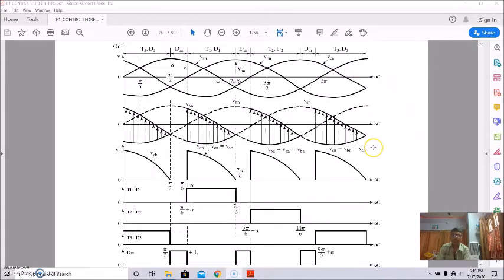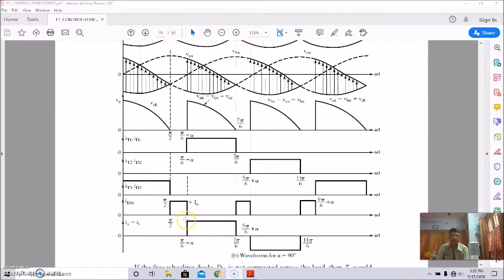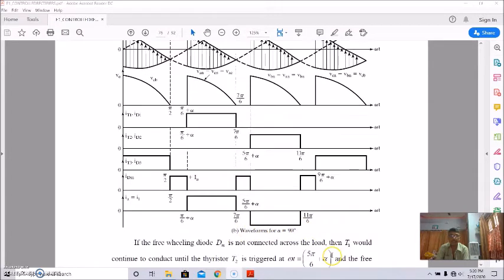In this way, the output voltage waveform and the currents through thyristor 1 and diode 1, thyristor 2 and diode 2, and thyristor 3 and diode 3 are shown, along with the freewheeling diode current waveform. And this is your output current for a phase angle of 90 degrees.